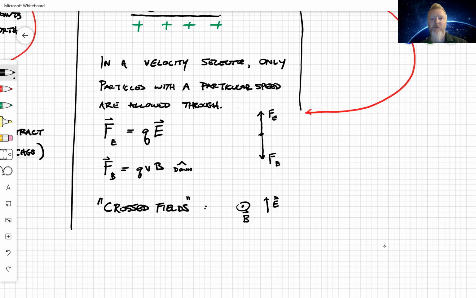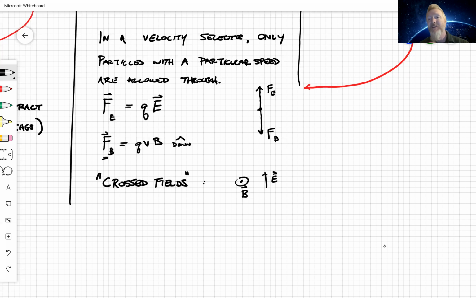Okay, I've got those two fields going at the same time in the same space, and they are both forcing the charge. But notice that the force due to the magnetic field is velocity dependent. So all I have to do is pick what size B field I want to put there, and then that will determine what velocity I'm going to get, right?